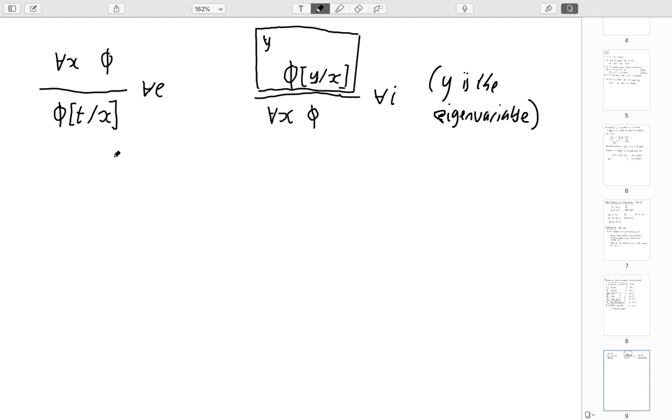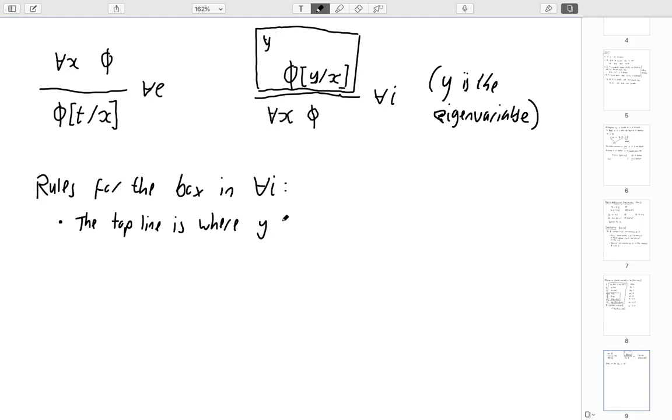So what are the rules for the boxes in this case? The box in the for all introduction rule. So firstly, this top line in the box is where y is introduced in the proof.